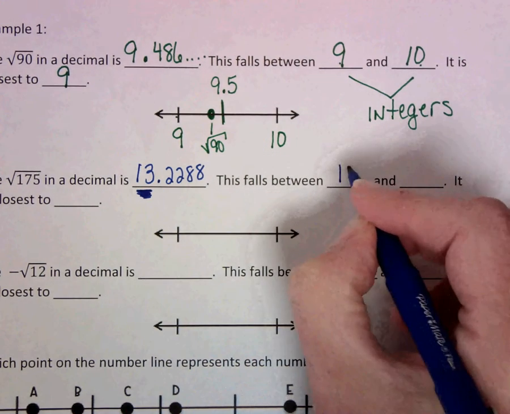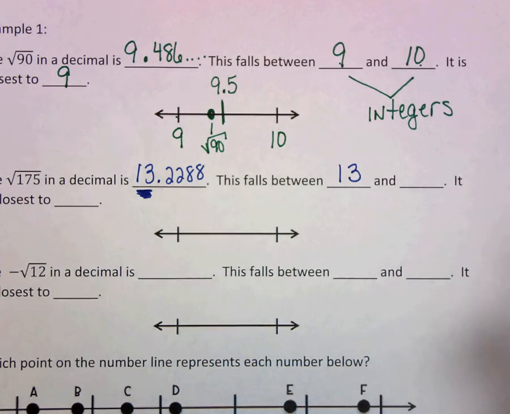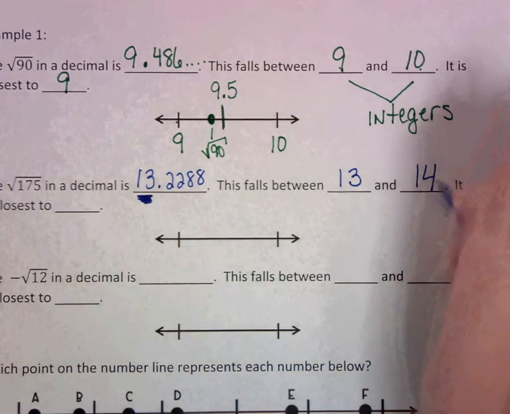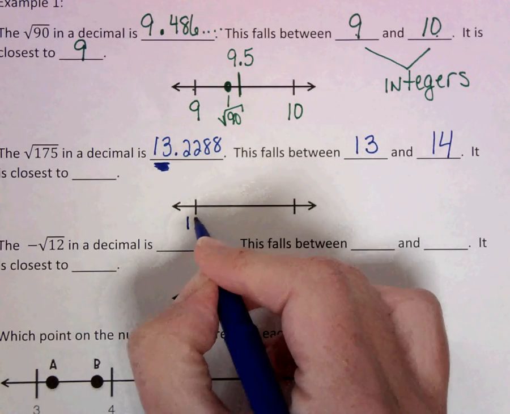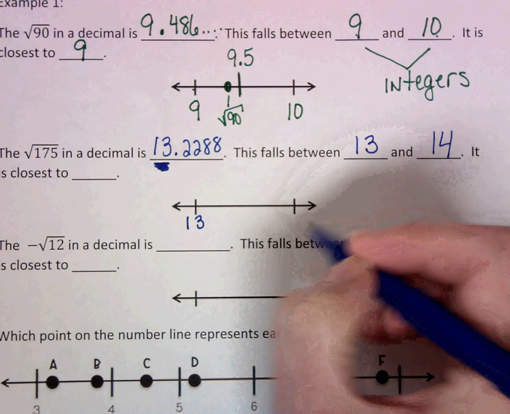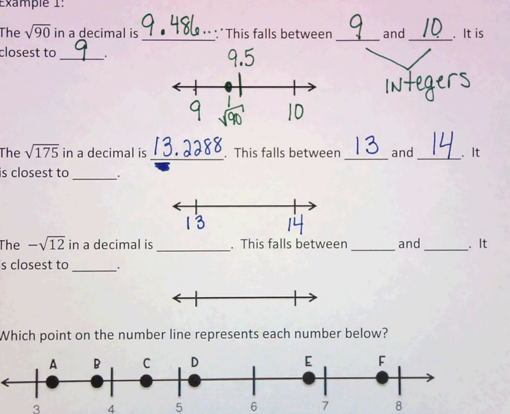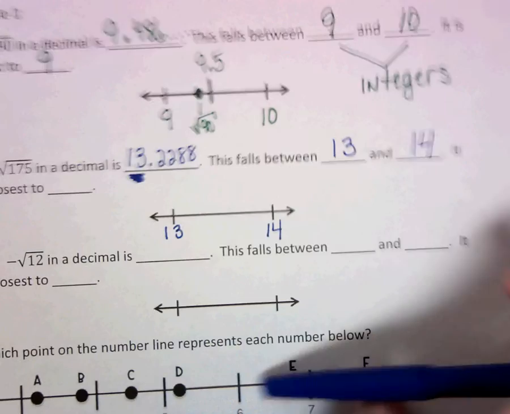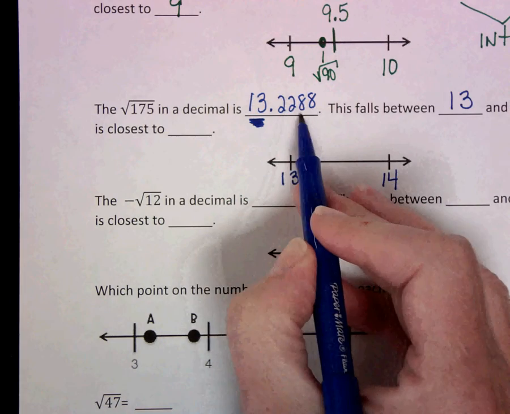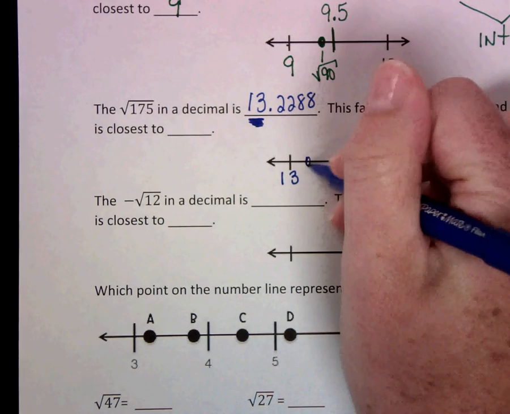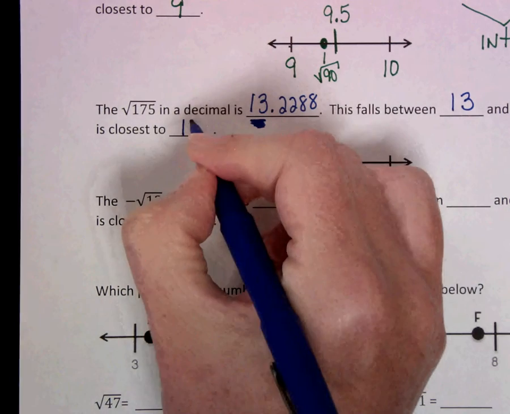So it's between 13 and what? What is the next number up? 13 and 14, right? On our number line here, I'm going to put 13, and I'm going to put 14. Where would we put 13.228? Which is it going to be closest to? $13.22. That's pretty close to 13. So it's going to be closer to 13.